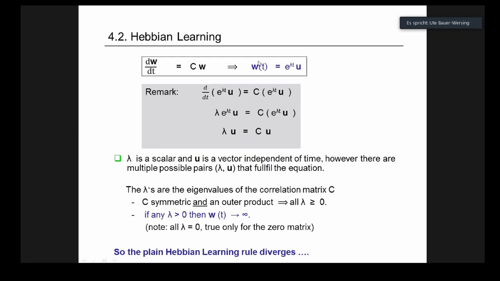Right, so this is the reason why this learning rule in its naive form is unstable. The plain Hebbian learning rule diverges, and you can prove it.